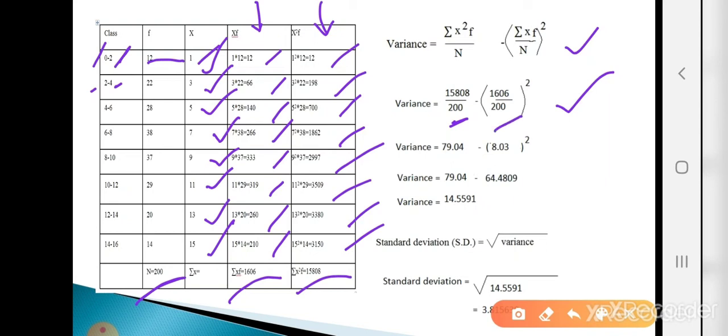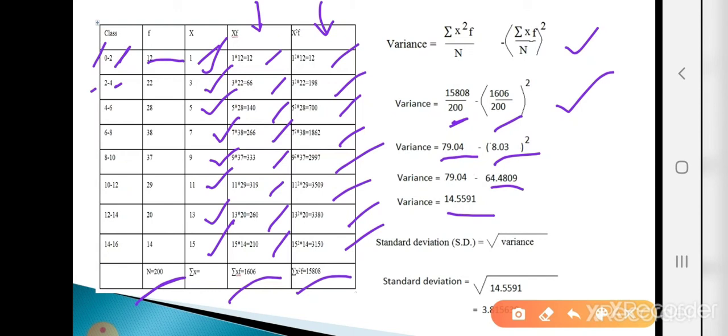So 15808 divided by 200 is 79.04 and 1606 divided by 200 is 8.03, squared. Then 8.03 square is 64.4809. So 79.04 minus 64.4809 is 14.5591. So this is the value of variance.